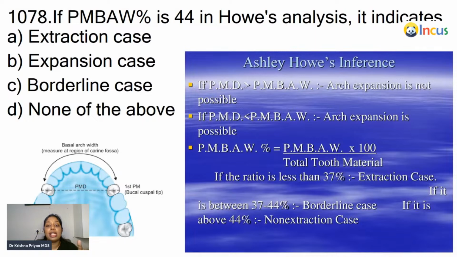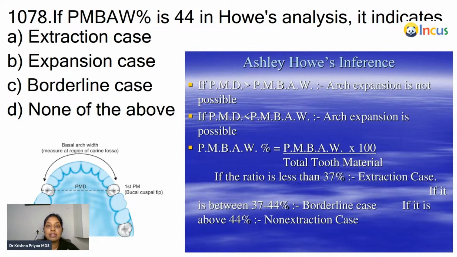But if the basal arch width is more and the premolar distance is less, then in those scenarios, arch expansion is definitely possible. So in Ashley House analysis, they give two variables. One is whether PMBAW or PMD is higher, based on which they decide whether arch expansion is possible or not.